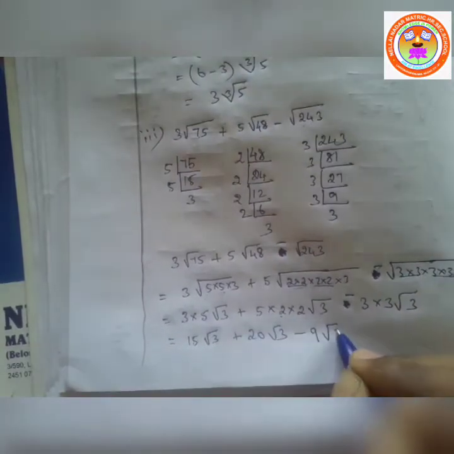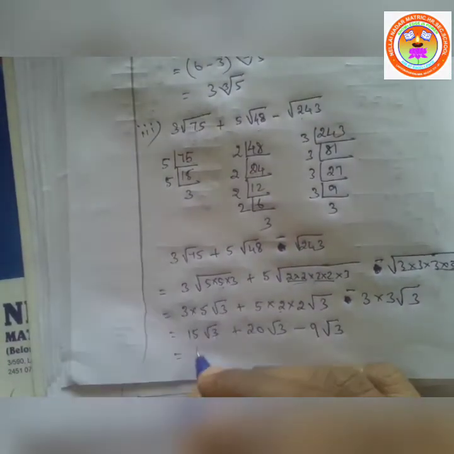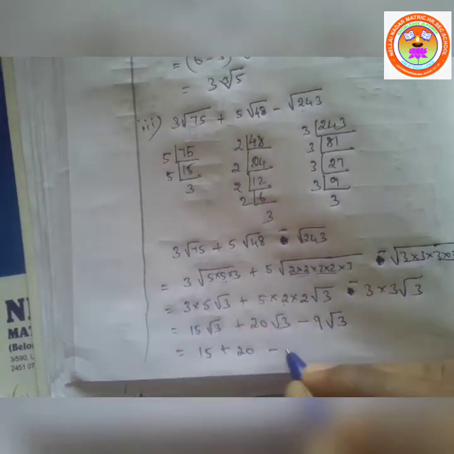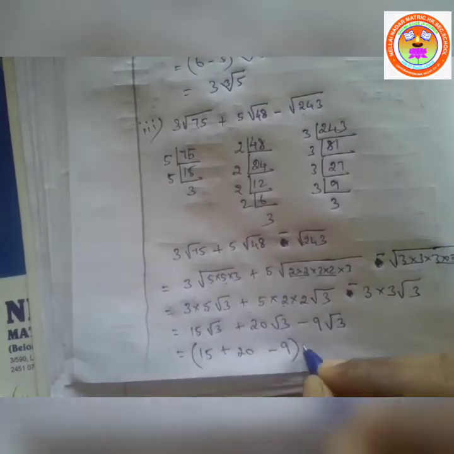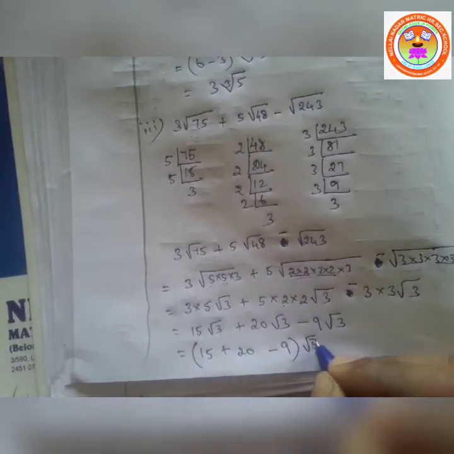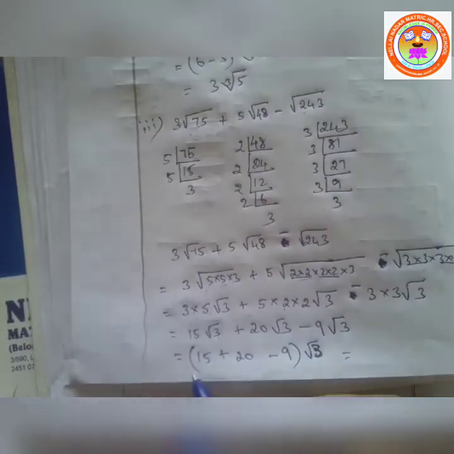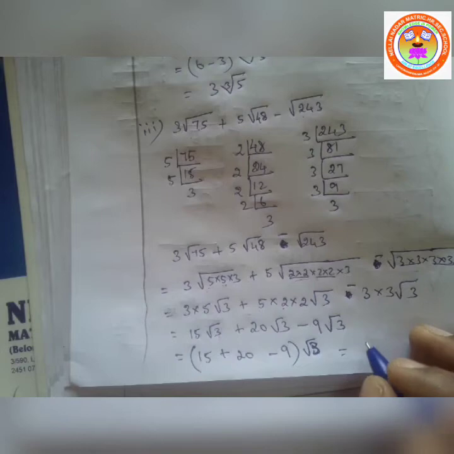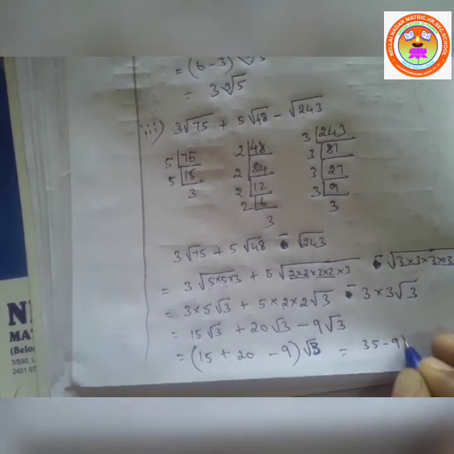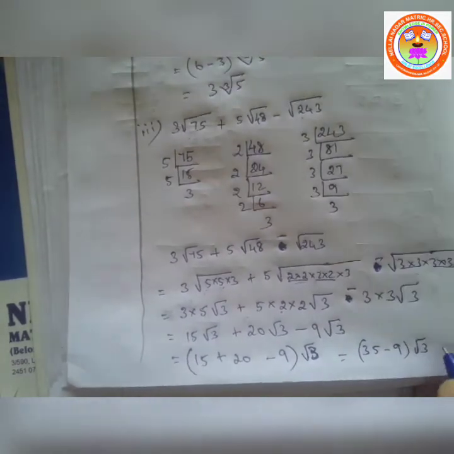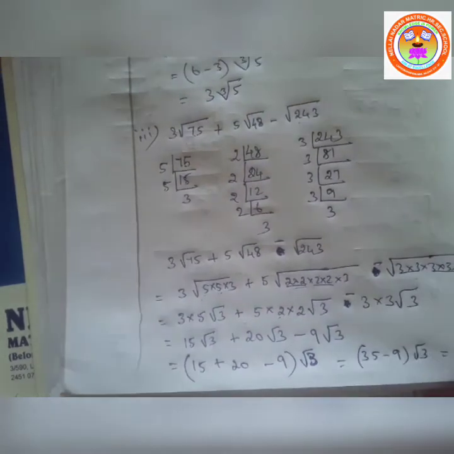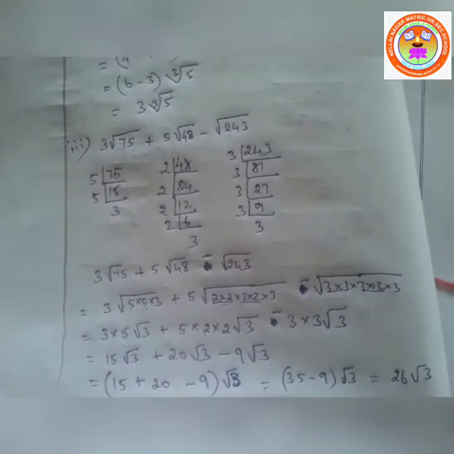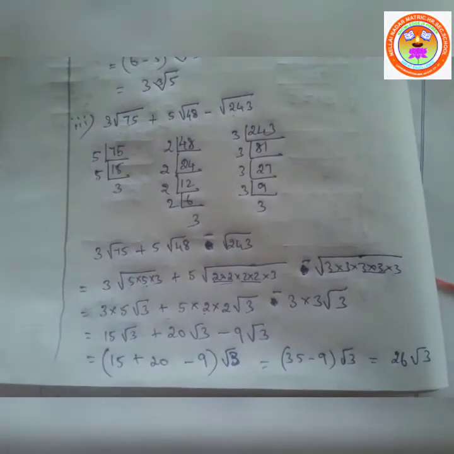Minus 9 root 3. 15 plus 20 minus 9 the whole bracket root 3. 15 plus 20, it's nothing but 35. 35 minus 9 bracket root 3. What is 35 minus 9? 26 root 3 is the answer.